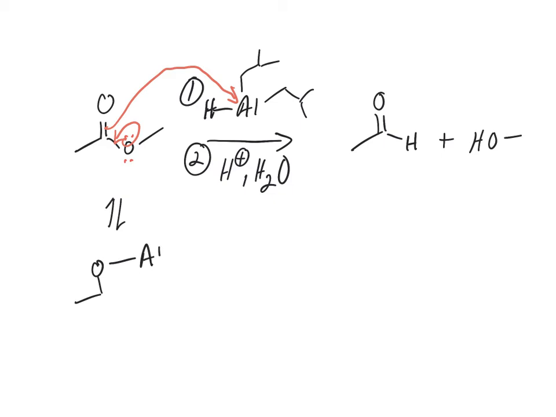So now that oxygen is bonded to that aluminum, so there's a plus charge on this oxygen and a minus charge on the aluminum now. Now, even though there's a negative charge on the aluminum, it's really electron rich where? It's really electron rich on that hydrogen. So that's where we're going to do that addition step.